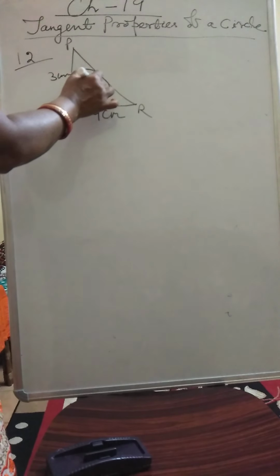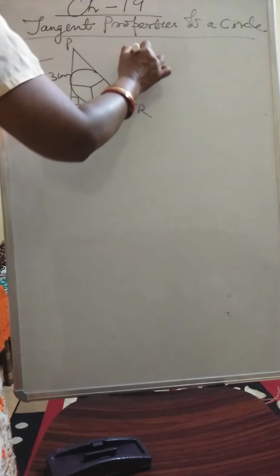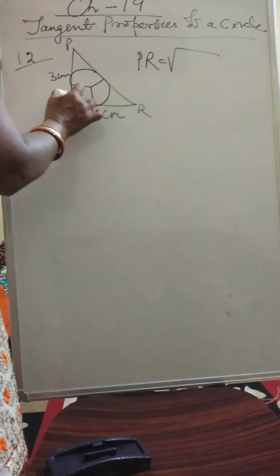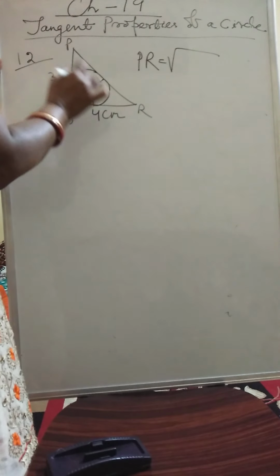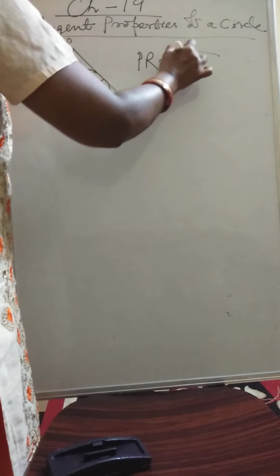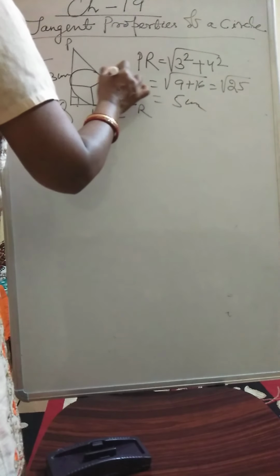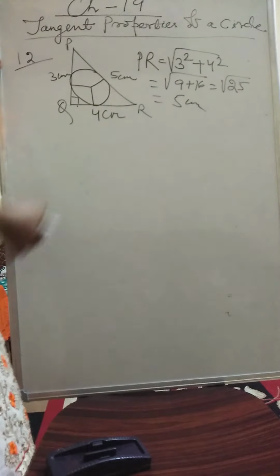Now see children, what I should write, first I will find out PR. PR is equal to, it is a right angle triangle, therefore I am applying the Pythagoras theorem. 3 square plus 4 square, which is equal to 9 plus 16, square root of 25, which is 5 centimeter. You got this is 5 centimeter.